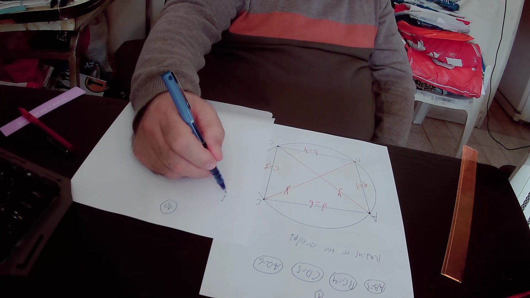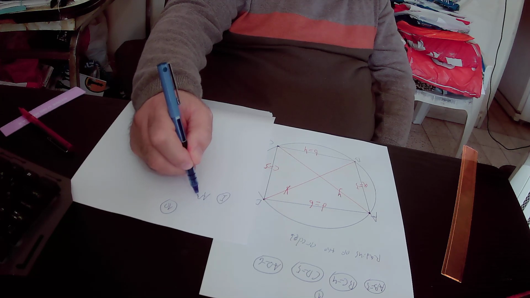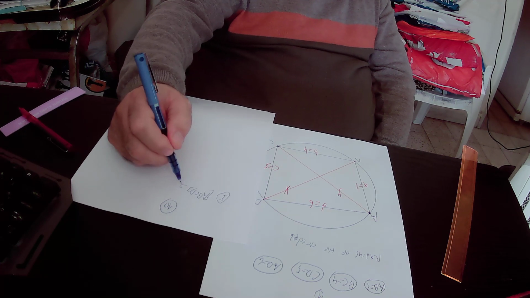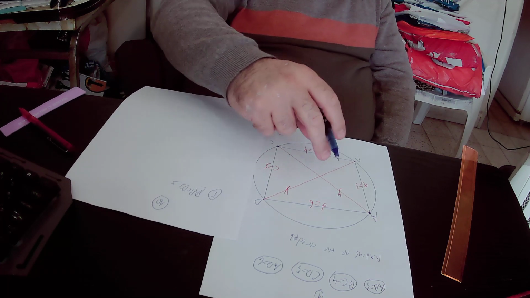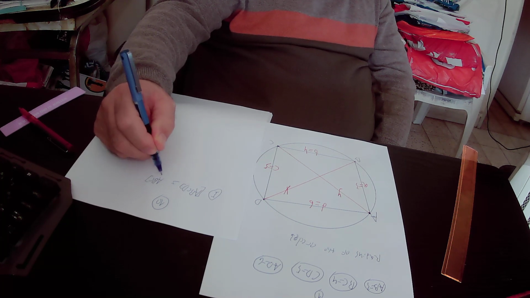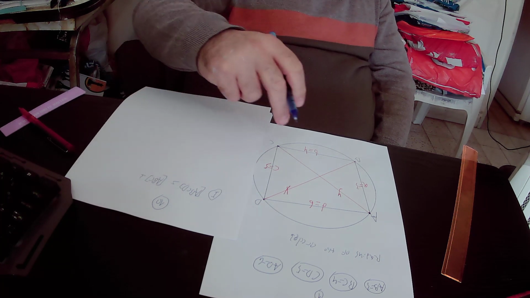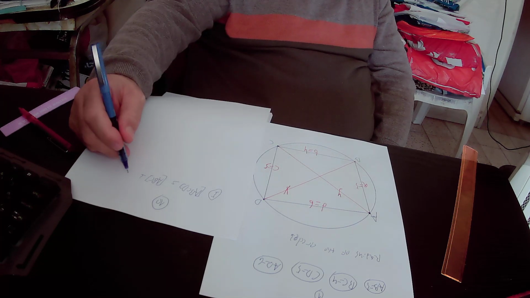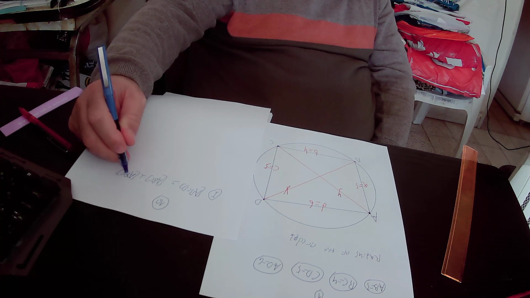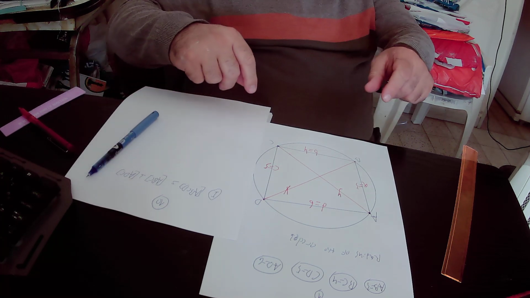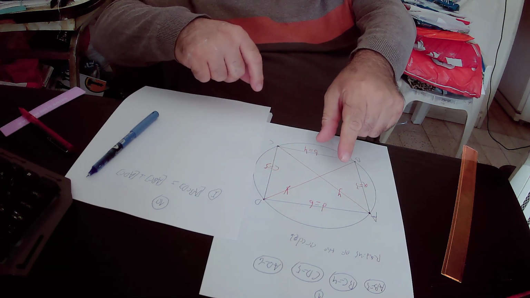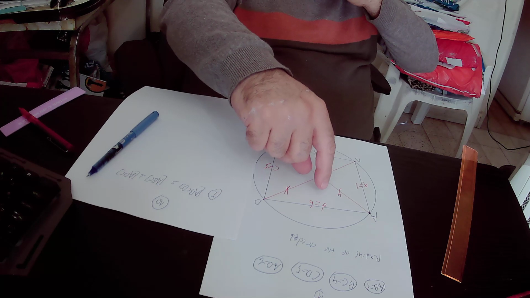According to the drawing, the area of quadrilateral ABCD equals the area of triangle ABC plus the area of triangle ADC. Very simple. You can see it from the drawing.